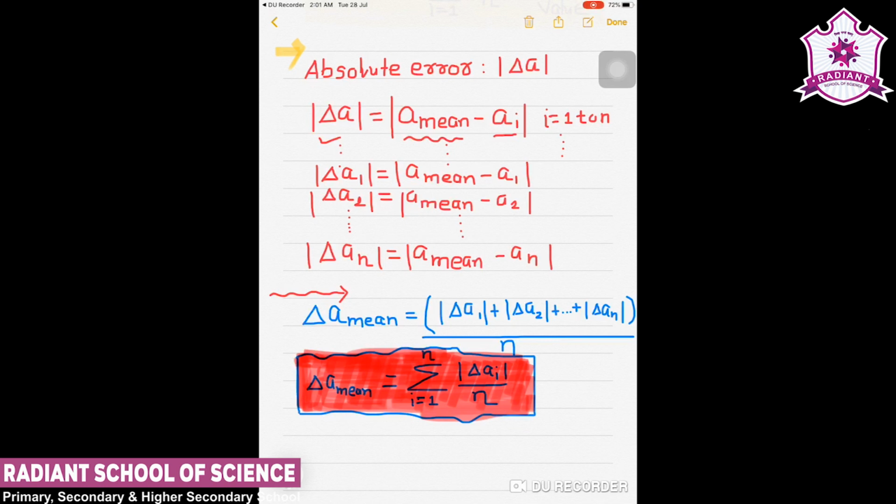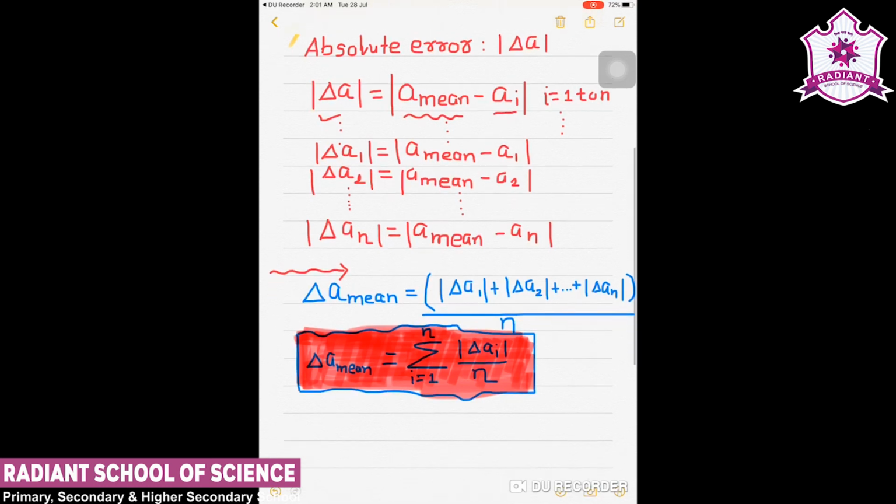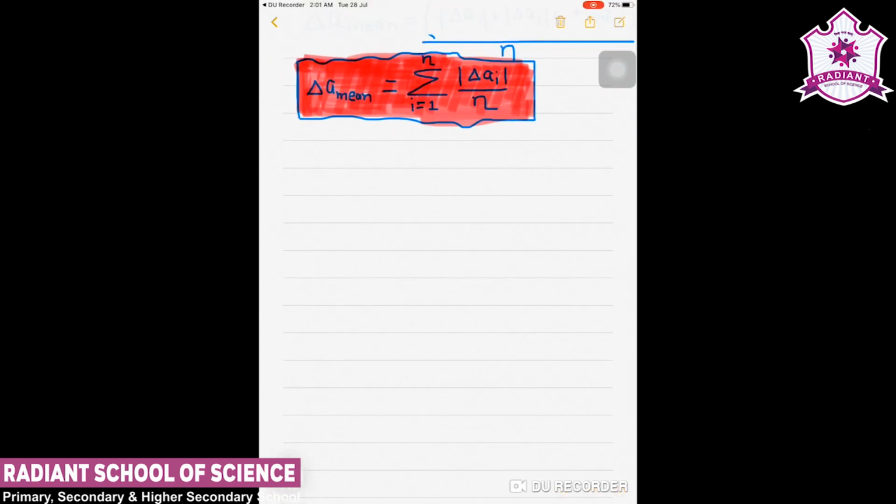Now, after doing this, what will be the next part? Here it is clear. In the next part we can simply conclude that if we do a single measurement, the value we get may be in the range that is always a mean plus or minus delta a mean.